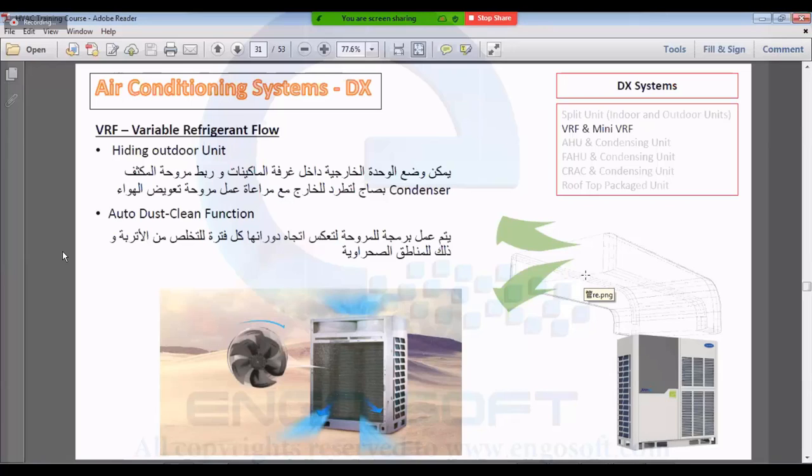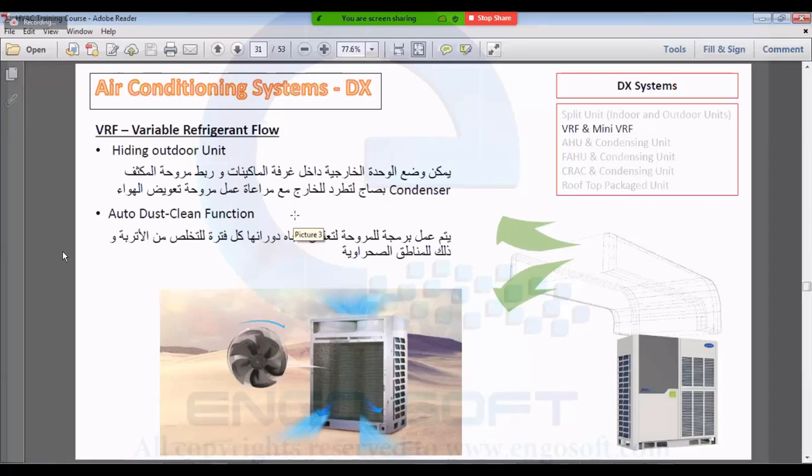So if the factory asked you to install a VRF unit, where should you put the outdoor unit of the system? We already discussed that we are going to make a steel platform just outside of the factory.